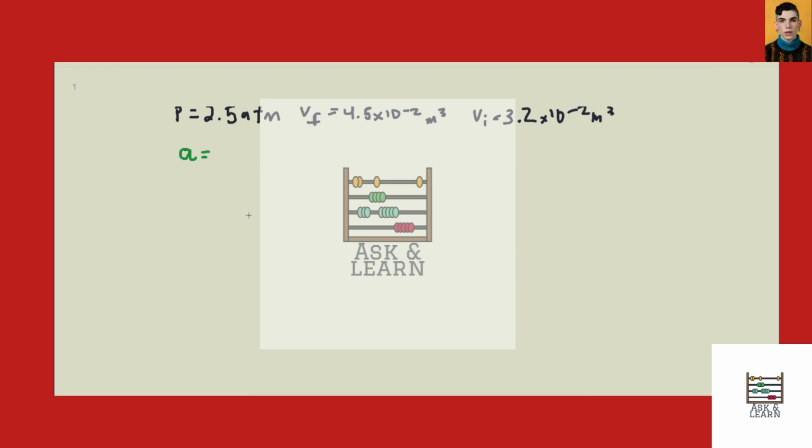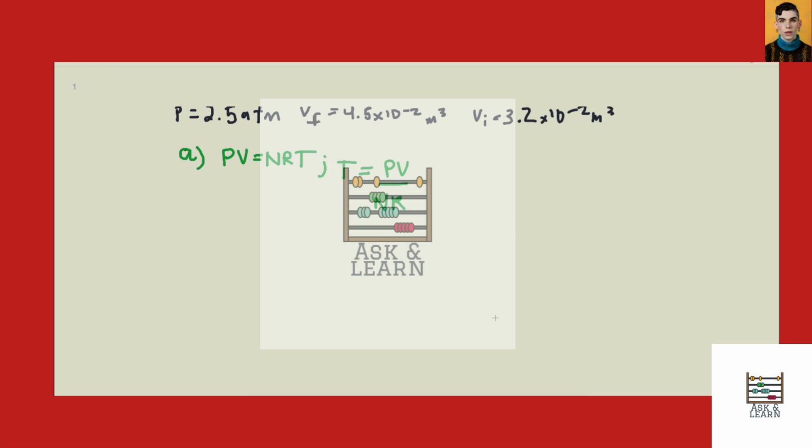So A. To get the initial and final temperature, we want to use the ideal gas law. So that's PV equals nRT. And then if you rearrange it, you can get T equals PV over nR.